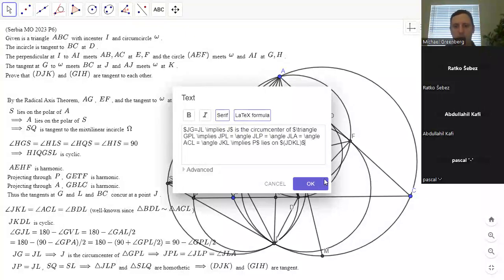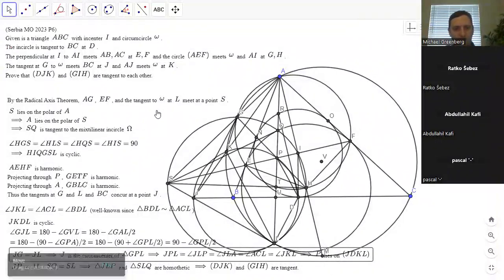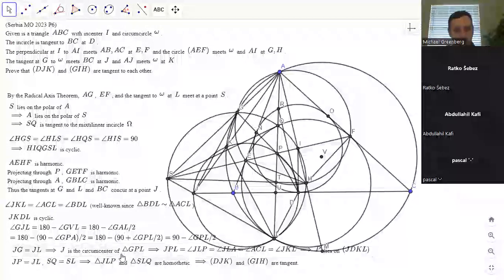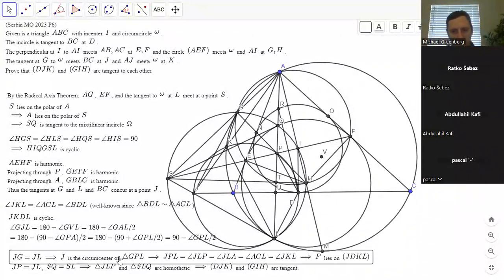That should be sufficient. So yeah, it's overlapping the diagram a little bit, but oh well. There we go.